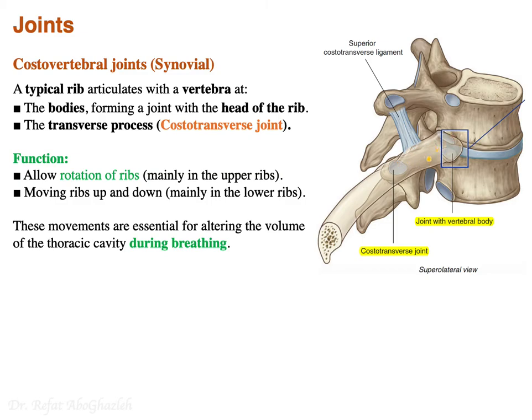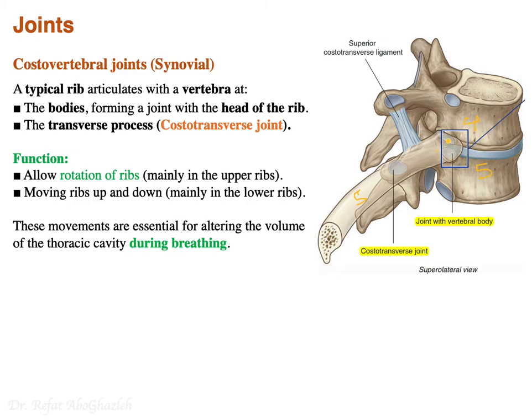And you know from what we mentioned earlier in this lecture, look at the two facets of the head of the rib. The head of the rib, for example, say this is number 5, articulates with the body of thoracic vertebrae number 4 and number 5.